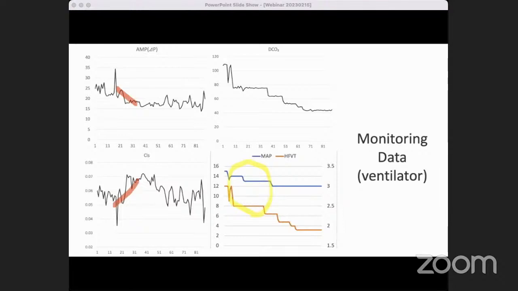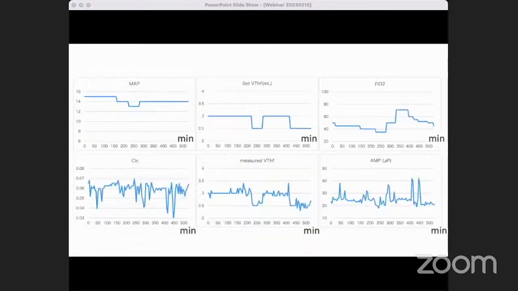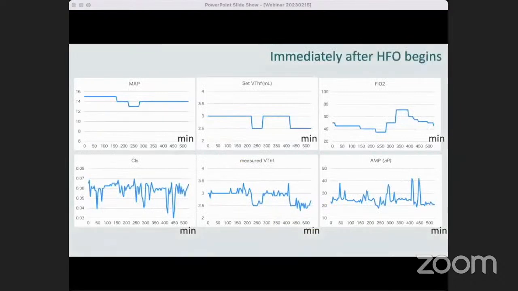In addition, there was a very interesting change in this patient. Let's look at the monitoring data immediately after the HFO change, highlighted in red. In fact, the trending monitoring data immediately after the switch to HFO for this baby was shown in this figure.